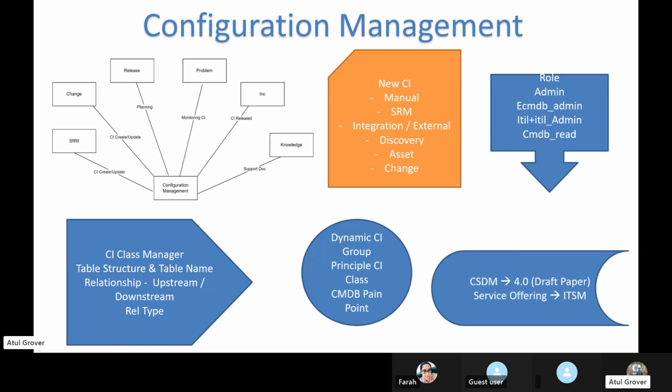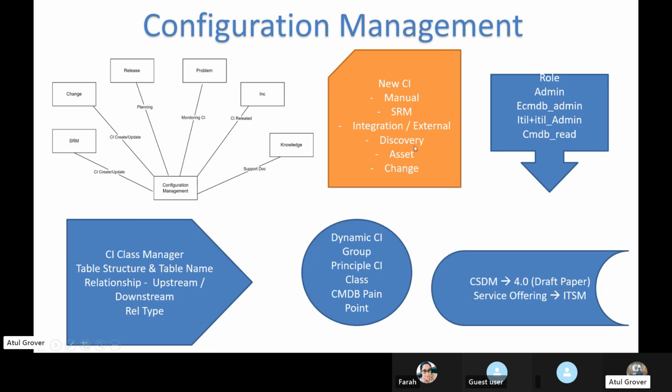Number one, I can go and create a manual CI, right? Maybe the class which you want, you can go and create it. You can create a CI with the help of the service catalog or the catalog item. You can bring the CI via integration with external systems. Maybe there are a lot of other tools available with which you do integration.